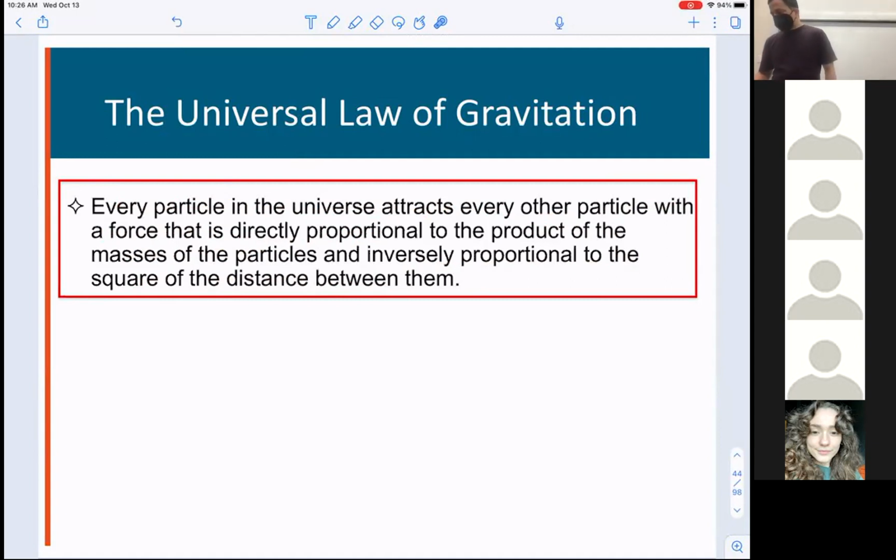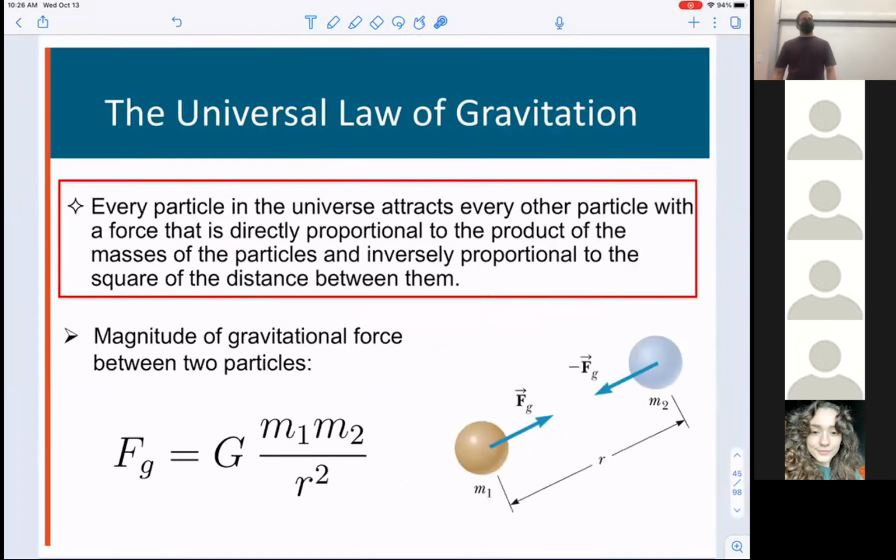It actually is simpler if we just write it down as an equation. So this is the equation that Newton wrote down. He said that here are two particles, M1 and M2, and let's say that there's some distance r apart. He postulated that M1 is exerting an attractive force on M2, and M2 in turn is exerting an attractive force on M1.